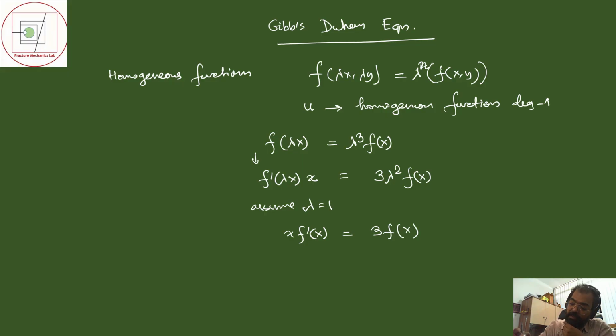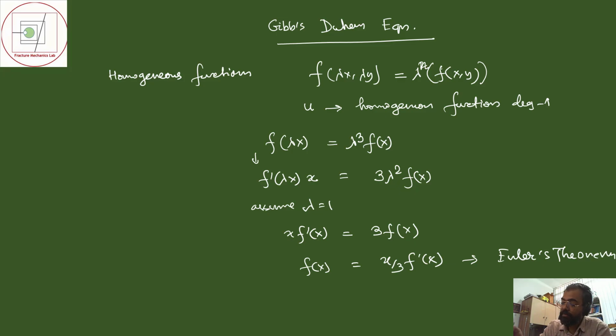So here you see that f of x is basically x by 3 f dash of x, and this is Euler's theorem. That will be the right pronunciation of Euler.